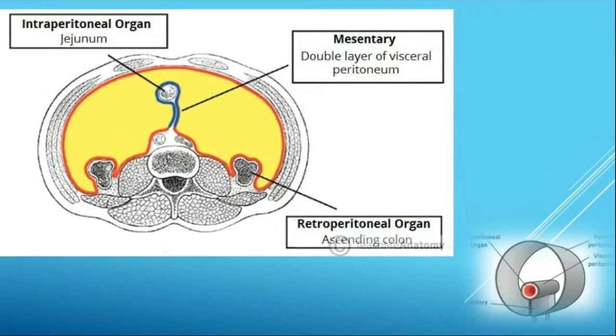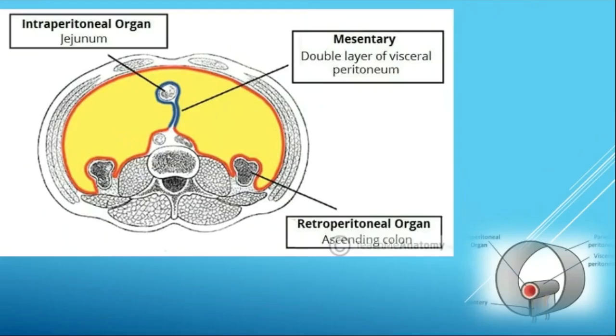I will just touch on a little bit of the embryology and anatomy of the pain. You see, at the beginning, when we are a fetus, the abdominal cavity is just like a big balloon lined by simple squamous epithelium, which is called mesothelium. So at this time, what could happen?